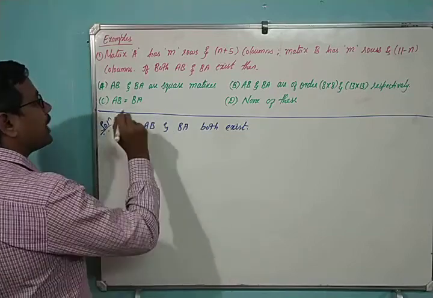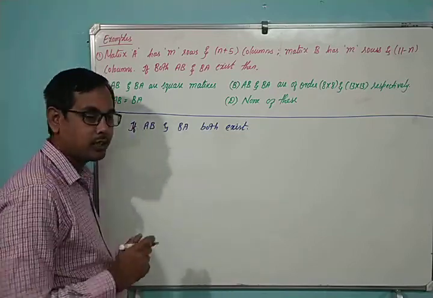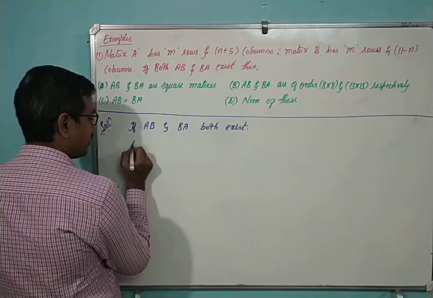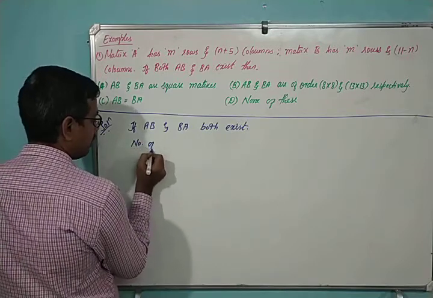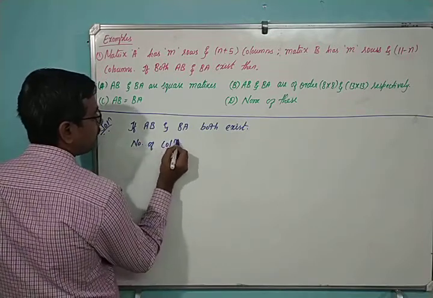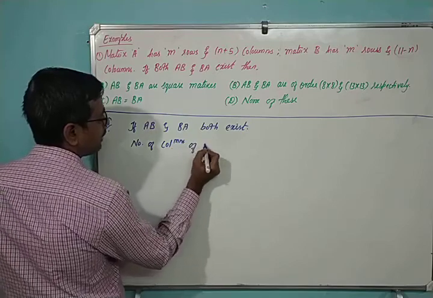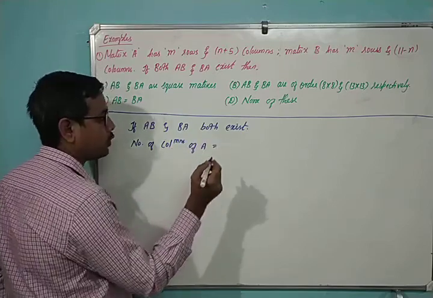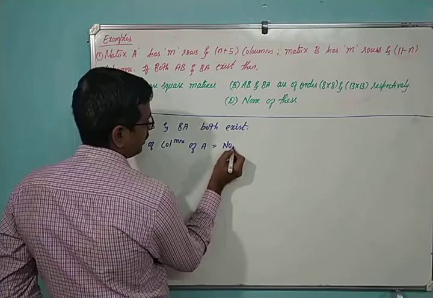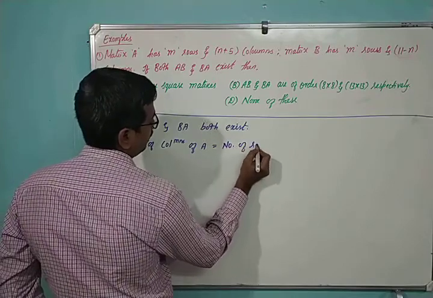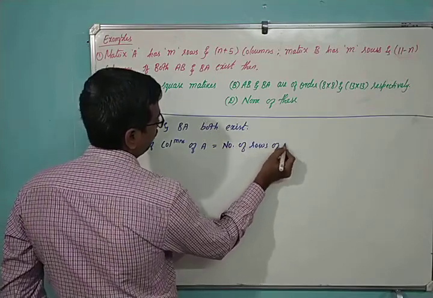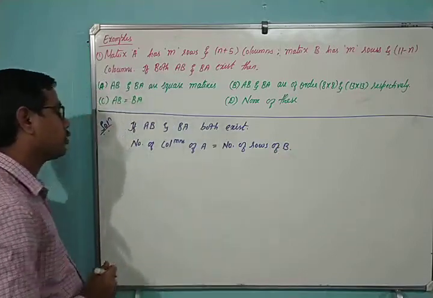Okay, so if AB exists, what is the condition? Number of columns of A should be equal to number of rows of B. Right? So that is the condition.